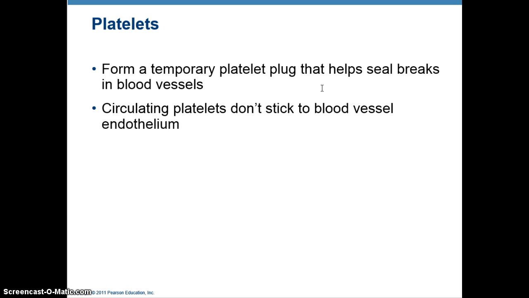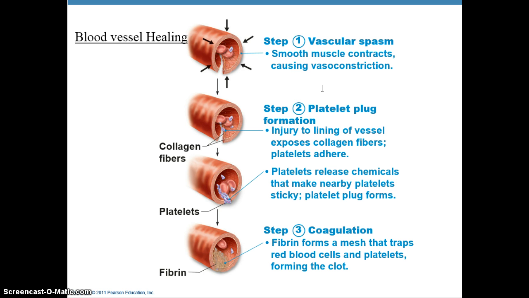The job of a platelet is to form a plug whenever a blood vessel breaks, so that the blood vessel stops leaking until such time as you can get the formation of a clot, which is physically and chemically a different thing. So this is one of the other open-ended essay type questions in the chapter called vessel healing.